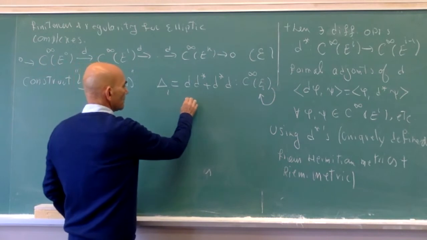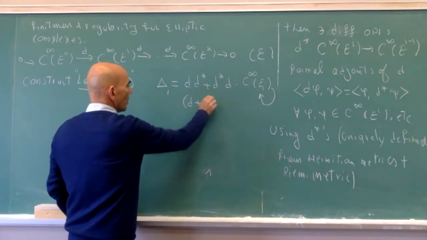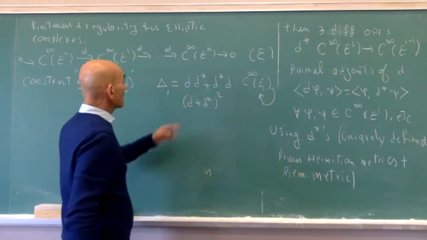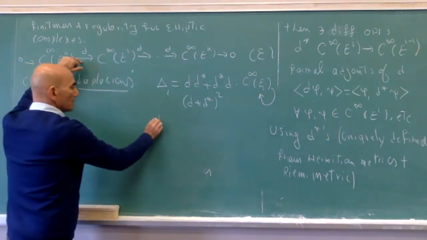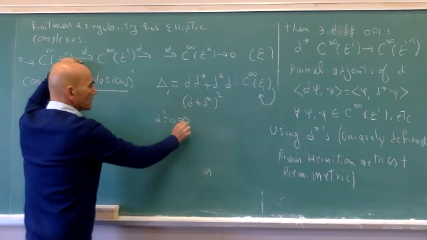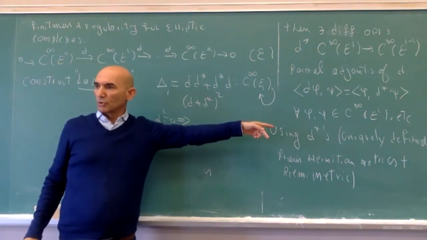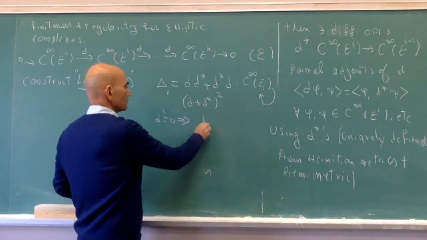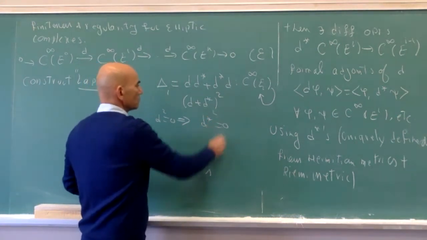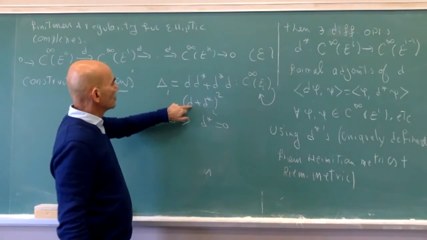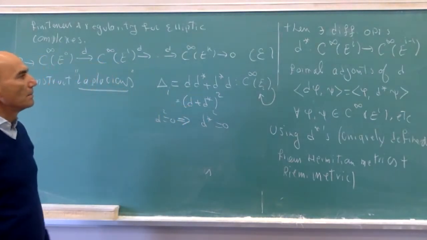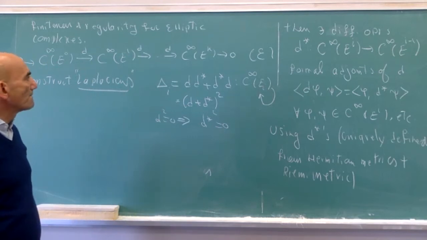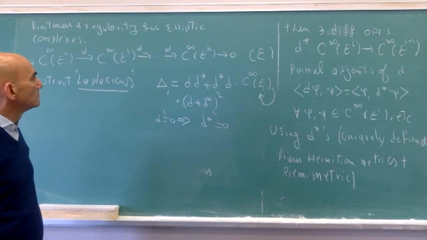So this is (d plus d star) squared, because this is a complex. d squared is equal to 0, which in fact implies that its adjoint also squares to 0. So this is equal to that. That's fine.